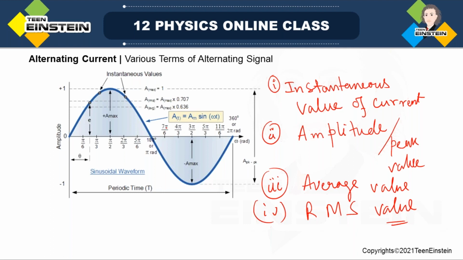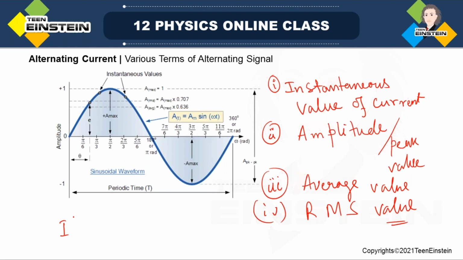Look, you can see here this I have taken as a sine wave. In the figure it is written as A. Since I'm talking about current over here, I'll not take a general thing, I'll think of the current itself.